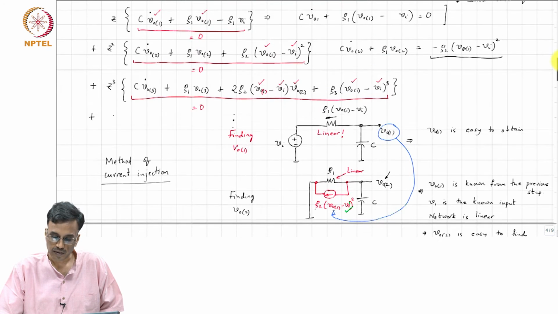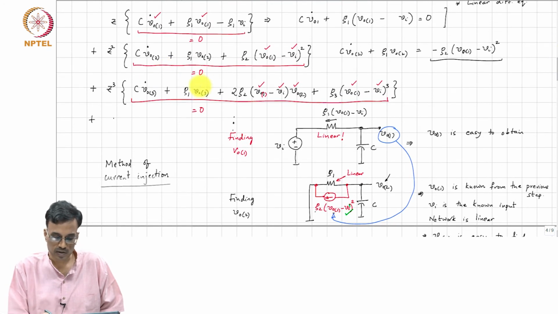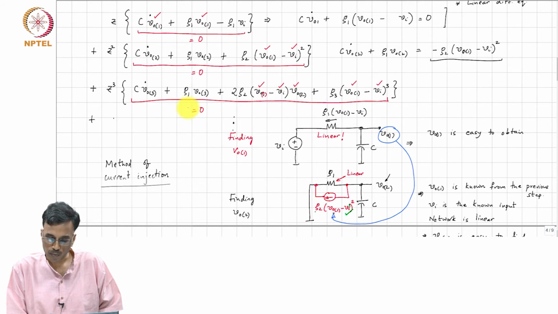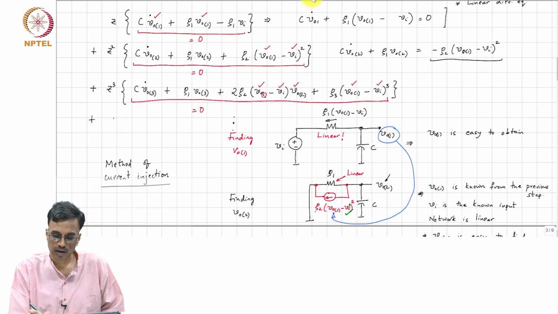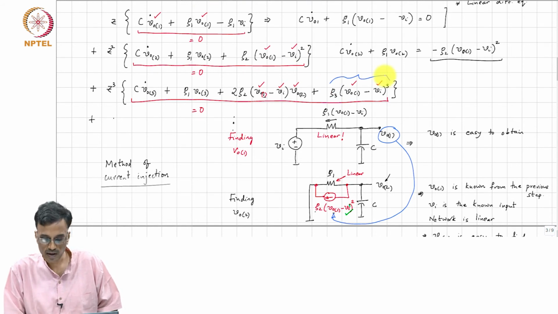So, if you stare at this picture, you have a component which is VO1 in the third order network. This term is easy to understand, correct, that is simply the third order nonlinearity, right.